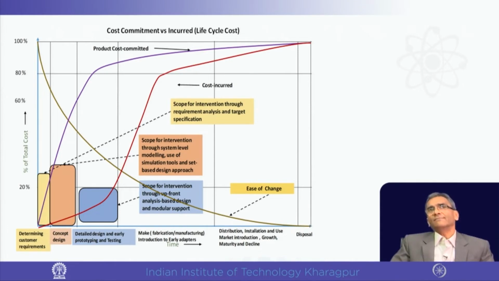On the left you see a purple graph, which means that as we progress through various stages of innovation and development, like determining customer requirements, as we have already discussed, then concept design, then detail design and so forth, we estimate, assess and do the budget, and that is the costing we do.